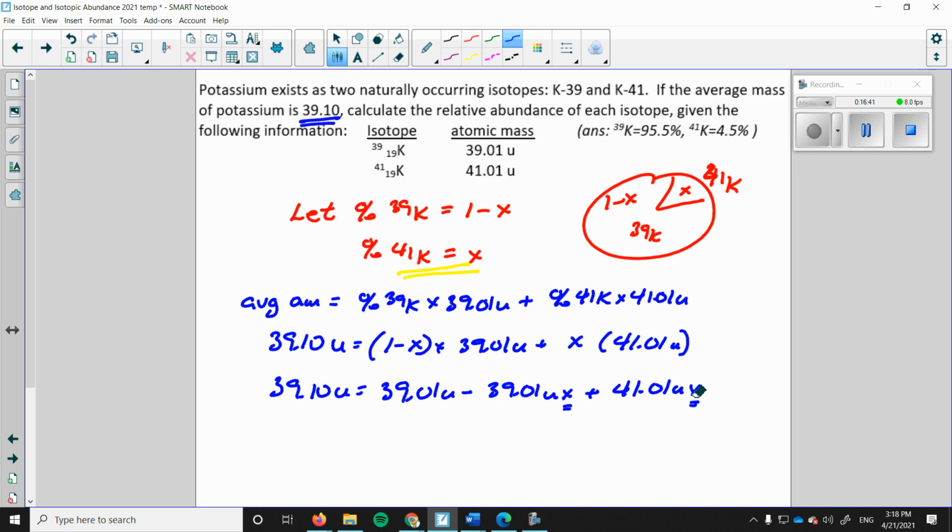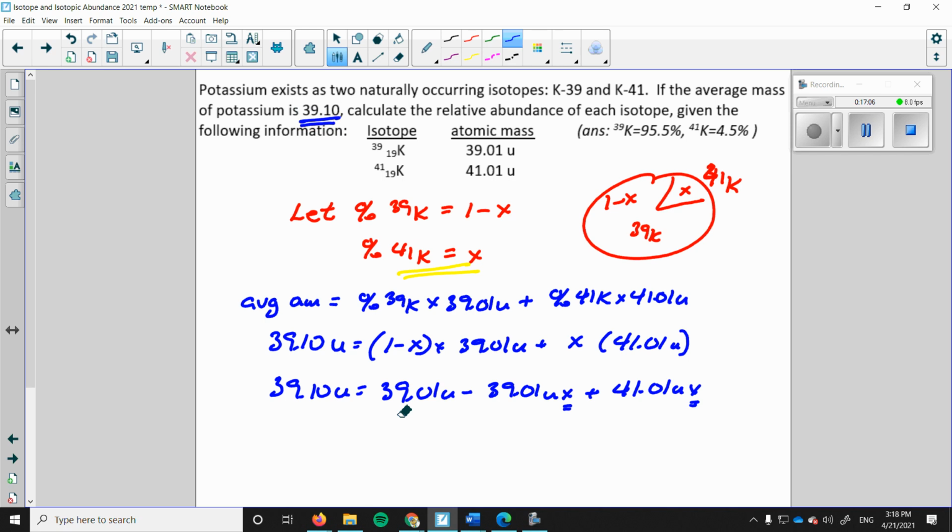So what we have to do is find the common terms associated with all of these. We've multiplied through, and now we're going to collect the like terms. So I'm going to bring these over. So this 39.10, and I'm going to subtract 39.01, so be careful with that.